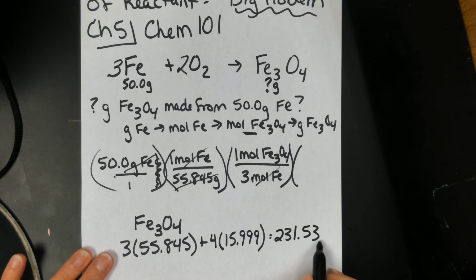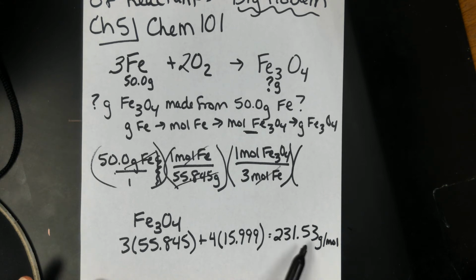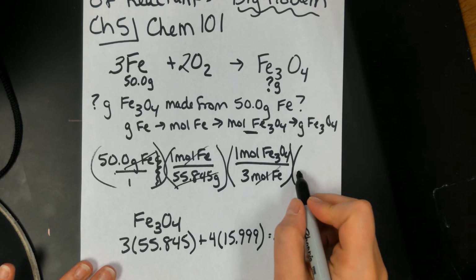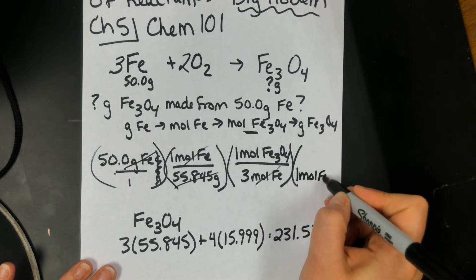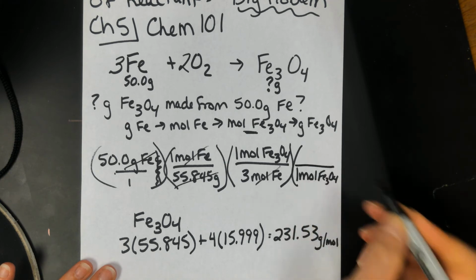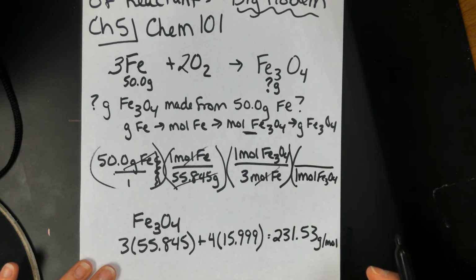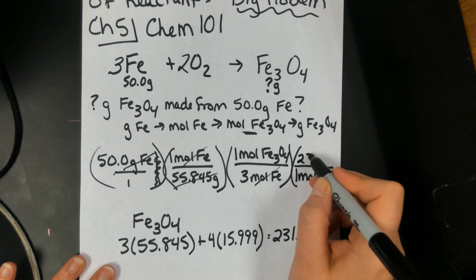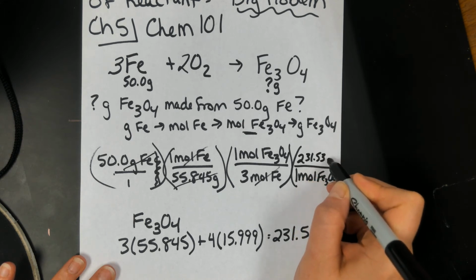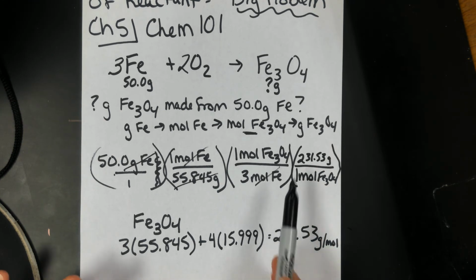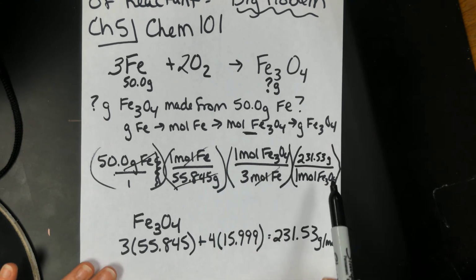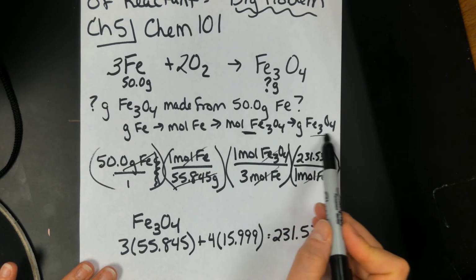So what are the units? Grams per mole. So this many grams for every 1 mole. 1 mole of Fe3O4 weighs 231.53 grams. So how do I figure this whole mess out? Moles of Fe cancel, so this is my final step.